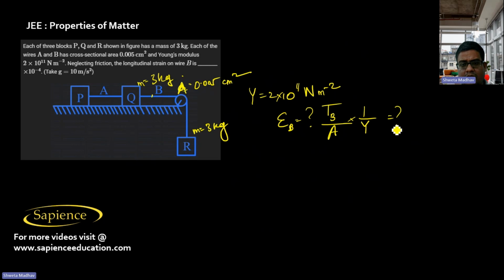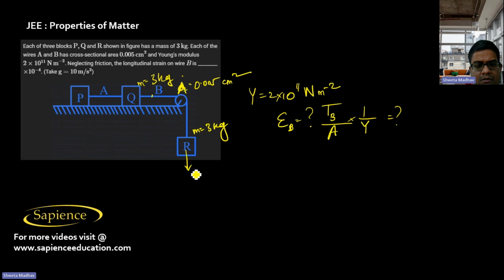So this is the value we have to find out. Each of the wires has cross-section area A. Now the tension in the wire B that we'll find.